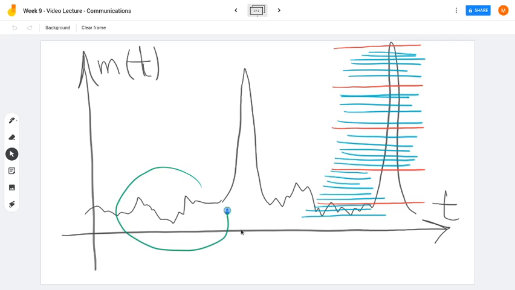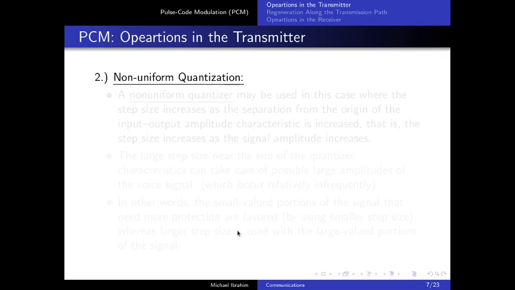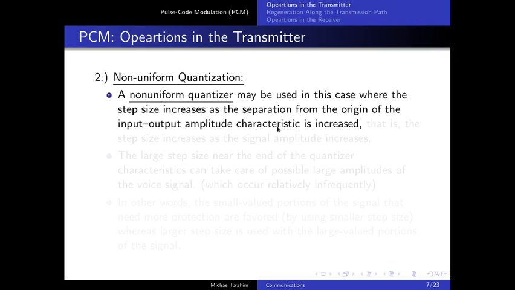So going back to our slide, in some signals like the voice signal, you might have a dynamic range of order 1000 to 1. And in this case, a non-uniform quantizer may be useful actually. In this case, we can change the step size.